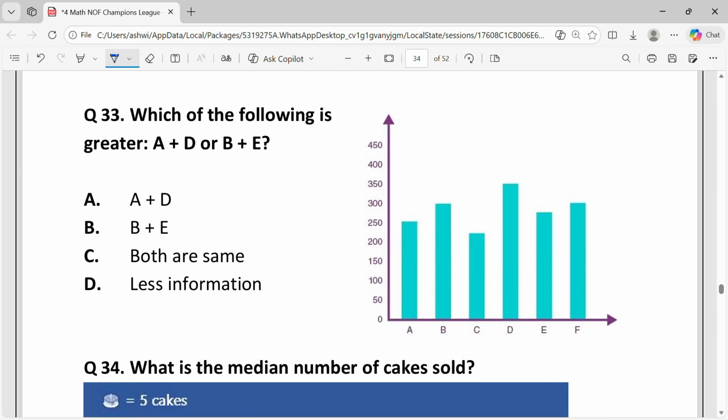Question 33. Which of the following is greater, A plus D or B plus E?